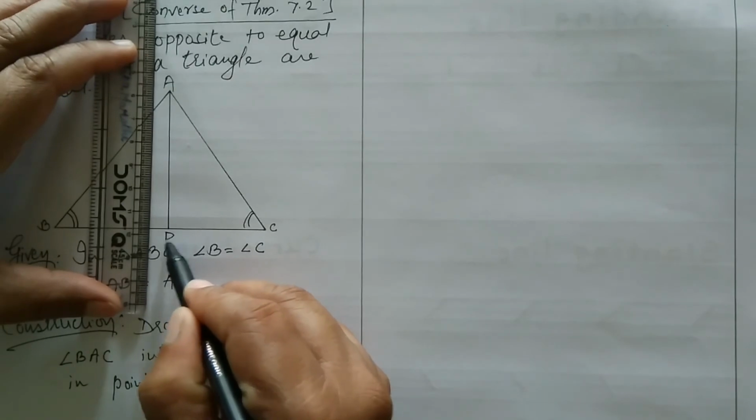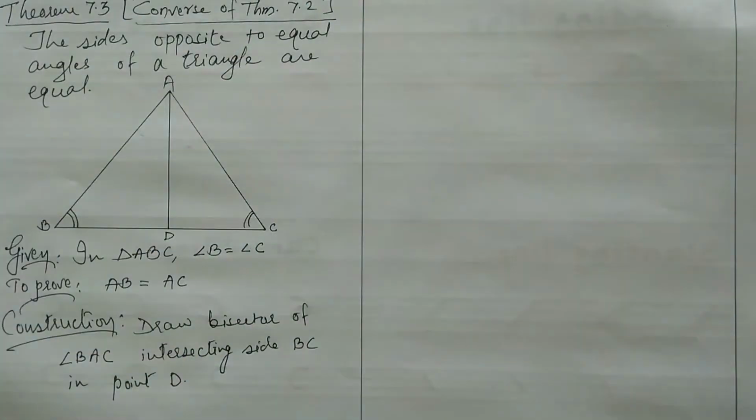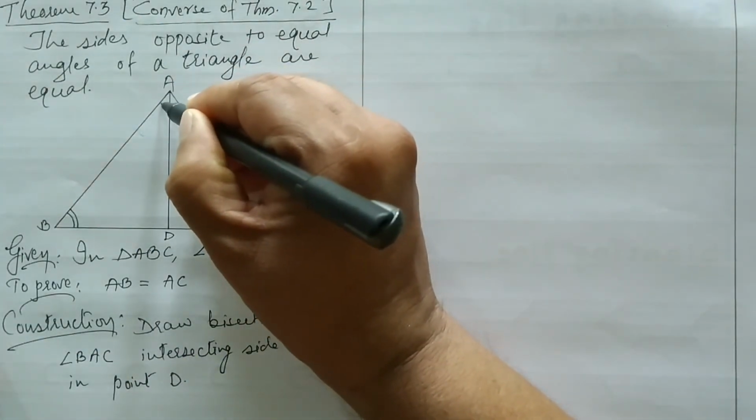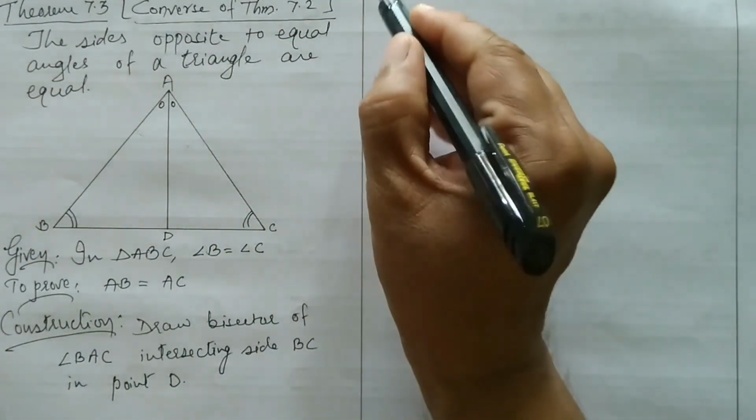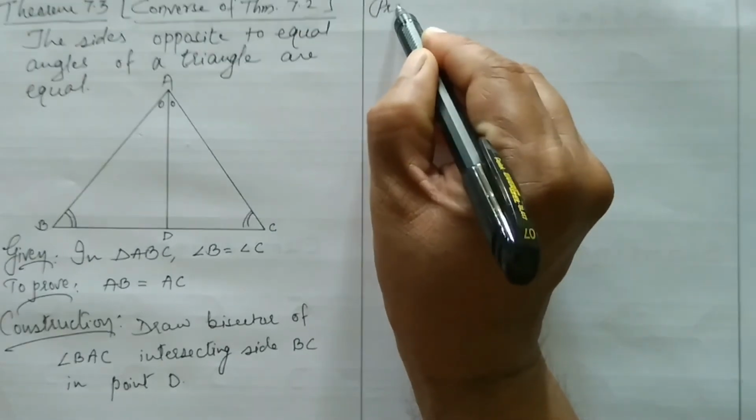This is point D, and since it is a bisector, angle BAD is equal to angle CAD. Let us see the proof of this.